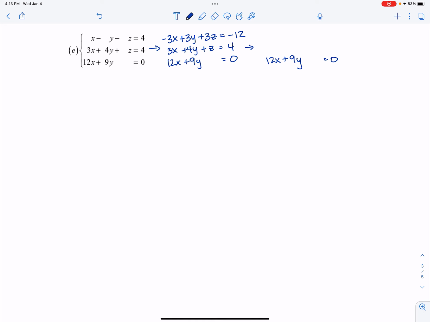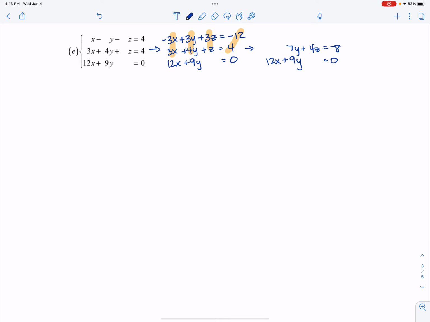The middle, if I add negative 3 plus 3, we'll have 0. 3y plus 4y is 7y. And then 3z plus z is going to be a 4z. And negative 12 plus 4 is negative 8.